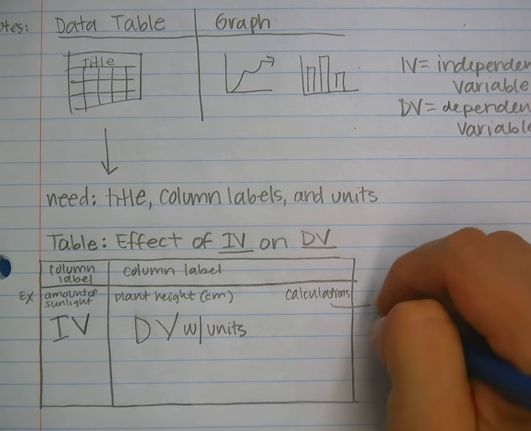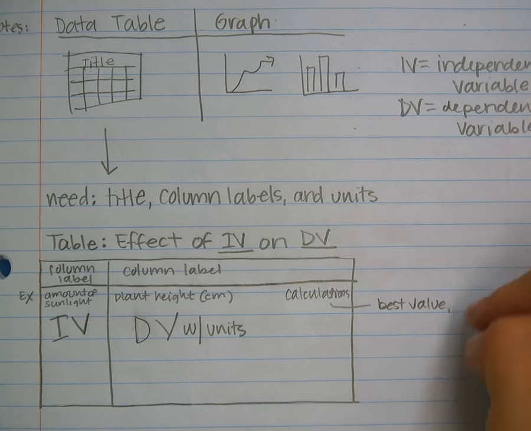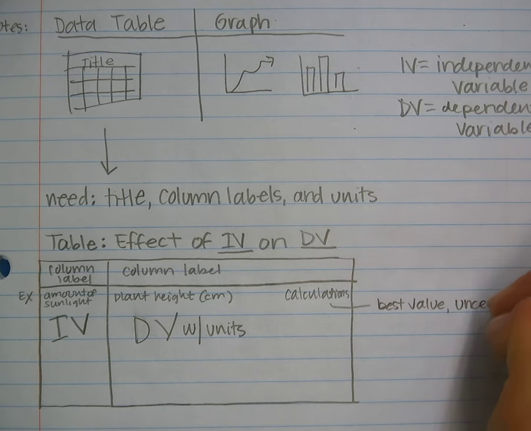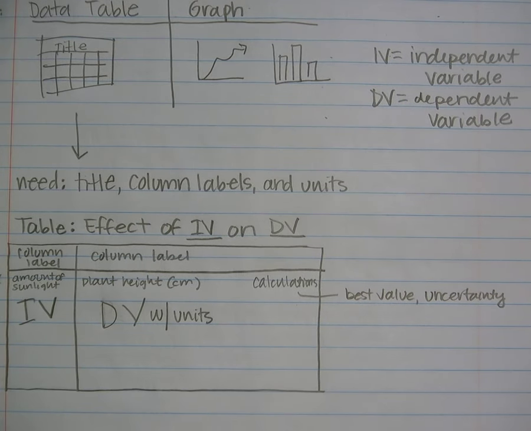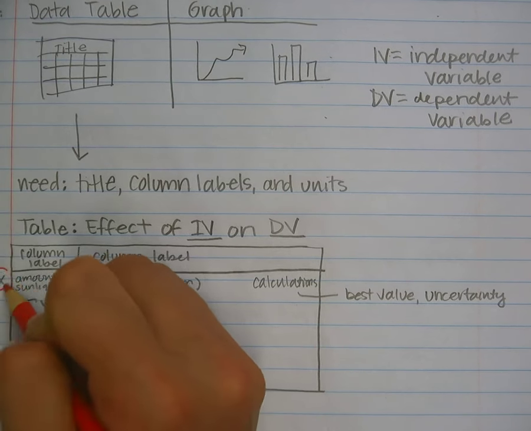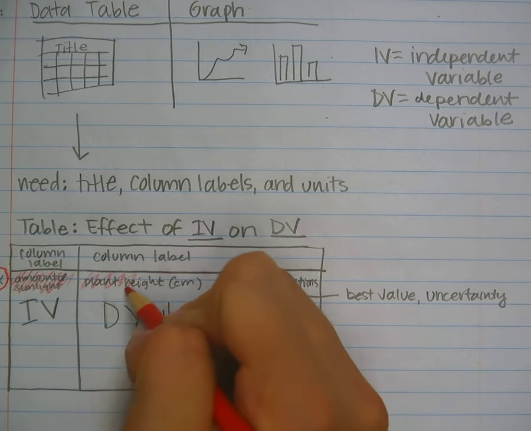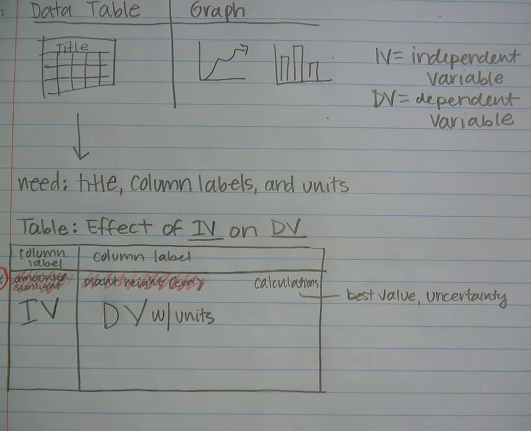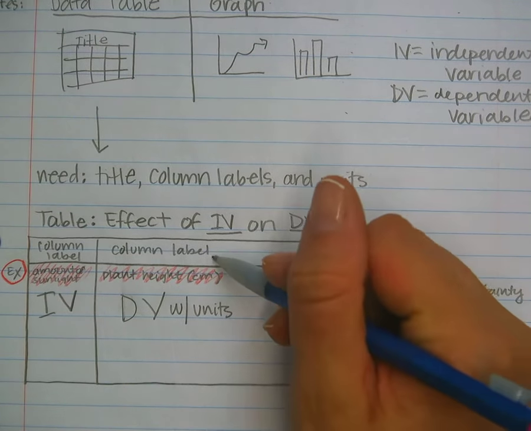So that's going to be your best value, uncertainty, etc. Just so it sticks out a little, I'm going to pick a colored pencil and just mark my examples, the amount of sunlight and the plant height. If I was writing those examples in this data table, they'd actually be up here.